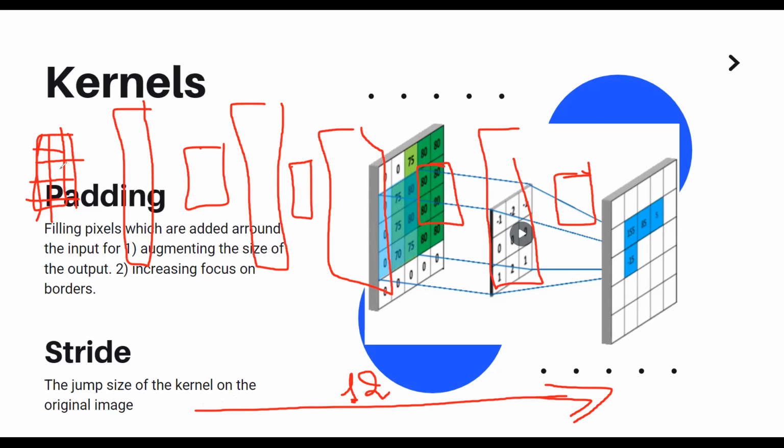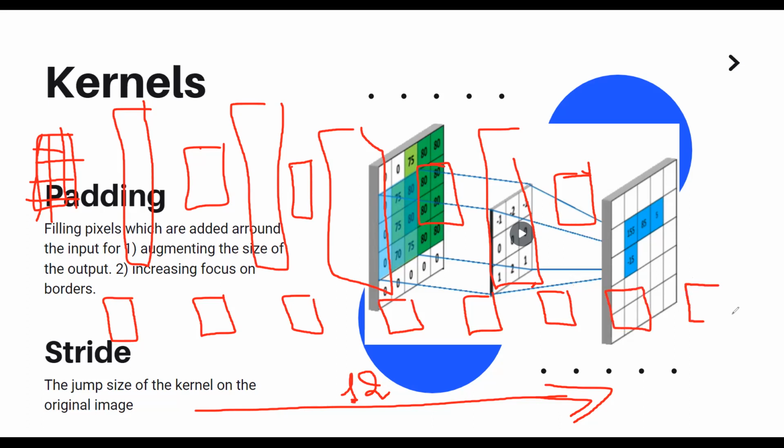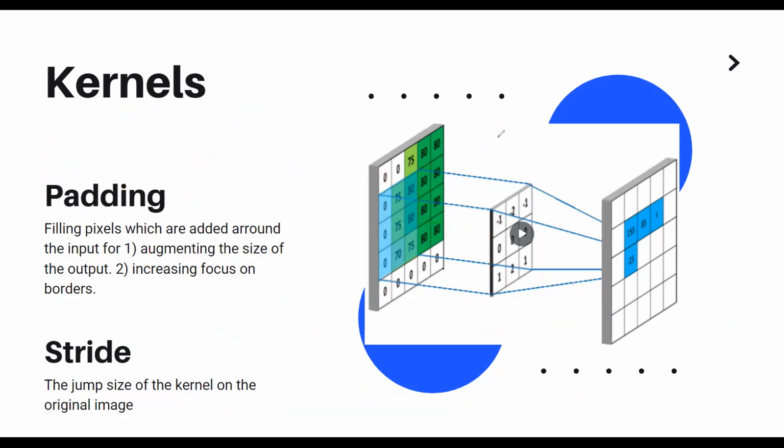So this is why we usually use padding. We use padding to keep the size of the output a bit bigger in order to allow us to build a much deeper neural network, meaning a neural network that is able to understand more complicated concepts and give better performance.